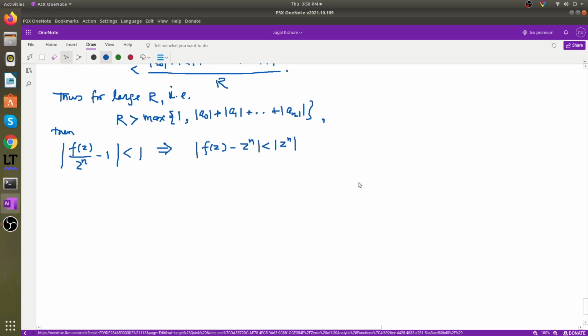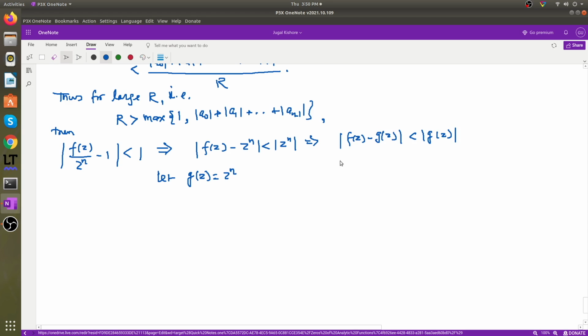Now let g(z) be equal to z^n. This last inequality gives that the modulus of f(z) minus g(z) is less than the modulus of g(z).